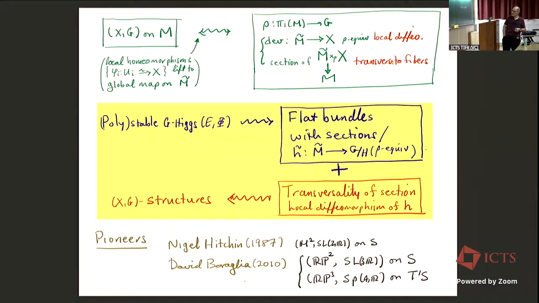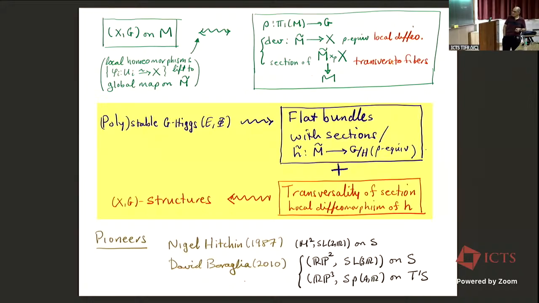But in order to boost that to an XG structure, you need to prove something extra, which either corresponds to transversality if you're viewing the extra information as a section of this flat bundle, or as a local diffeomorphism condition on the developing map.